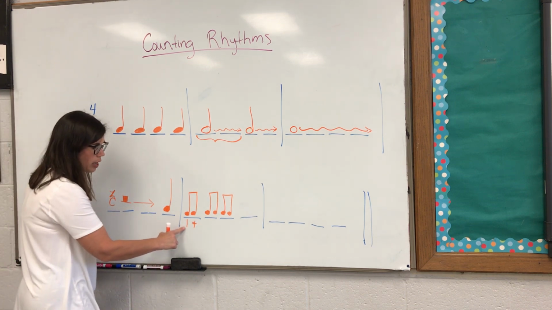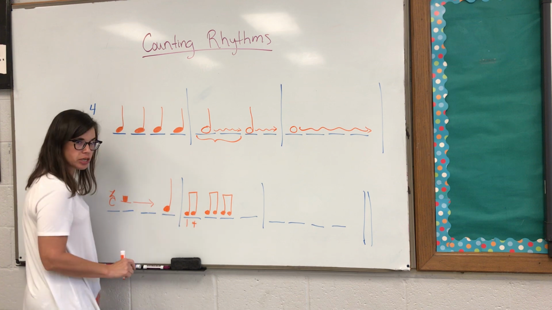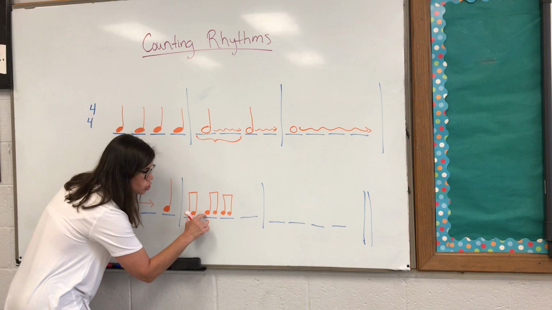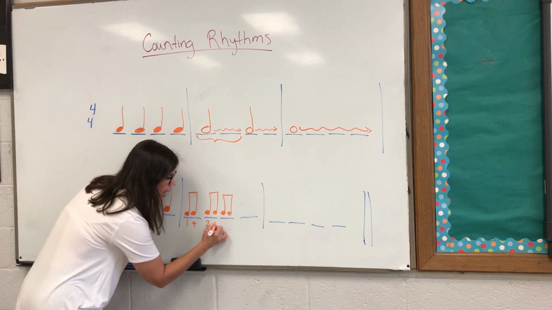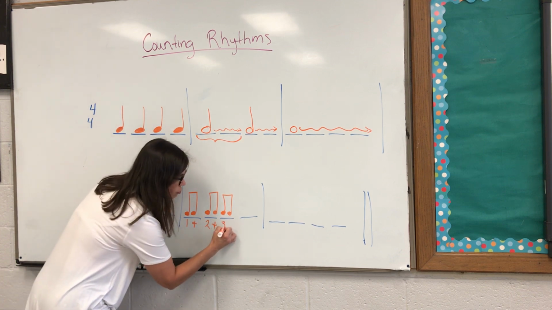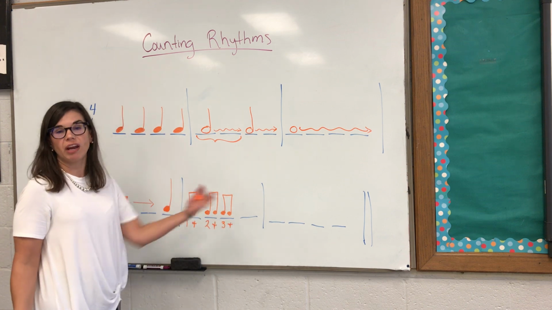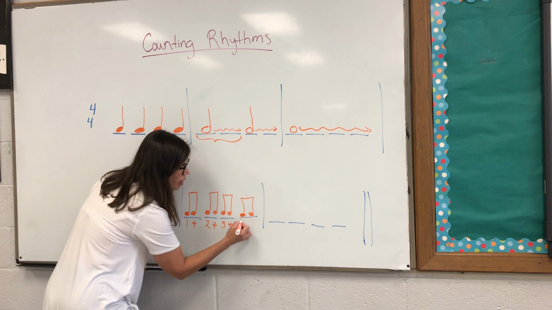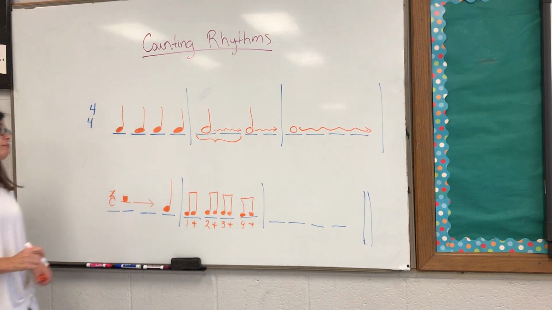So this is beat 1, so I'm going to say 1 on the first eighth note and and on the second. This is beat 2, I'll say 2 on that eighth note and an and here. This is 3 and I can go on and put another pair here and put 4 and. That's what I would say as I clapped, okay?